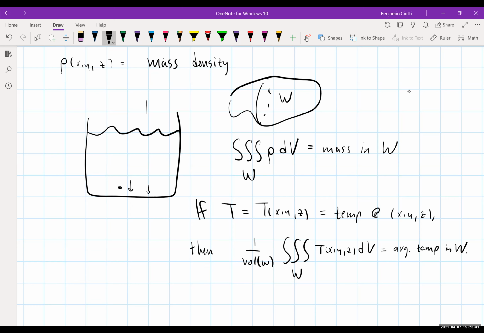So yeah, you can keep playing this game. And that's another example of a useful three-dimensional integral.